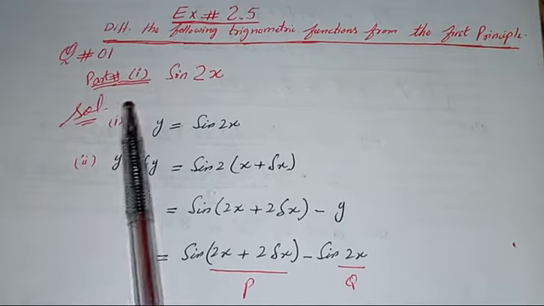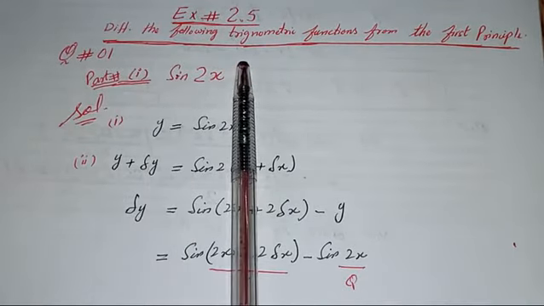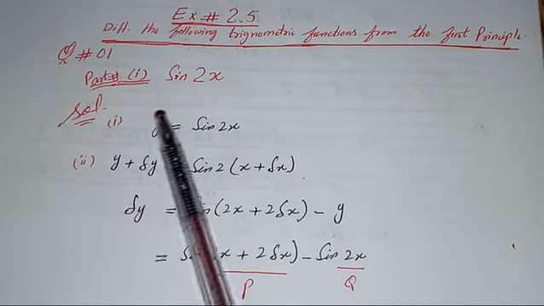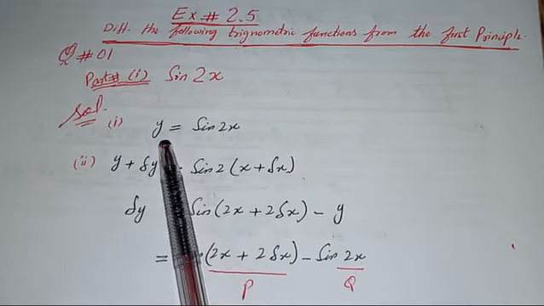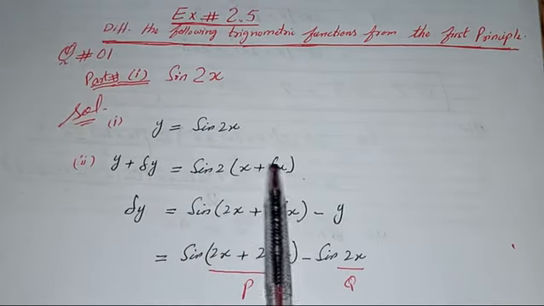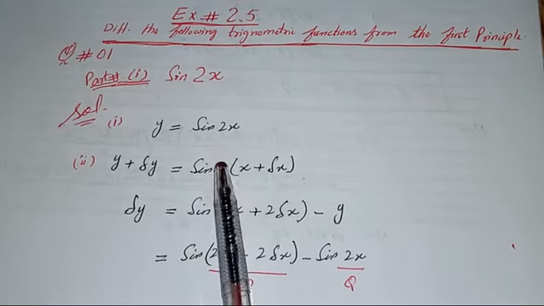Question number 1, part 1 of exercise 2.5. Differentiate the following trigonometric function from the first principle. First of all we will write y is equal to sin 2x, and after that add the delta function on both sides. y plus delta y is equal to sin of 2 times x plus delta x.